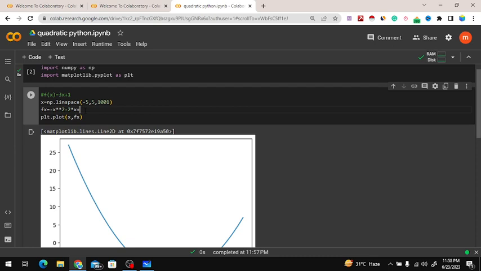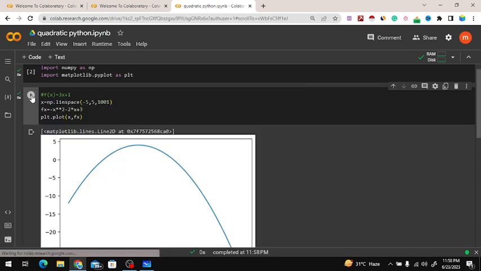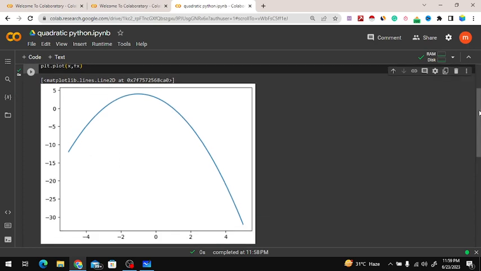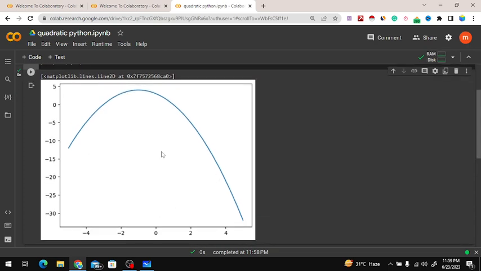Because the coefficient of x square is negative, what happened? If you are taking the coefficient of x square less than 1, we can see our value will start from -10 and go to the upper level, near about 4, and then move downward. Let's see.